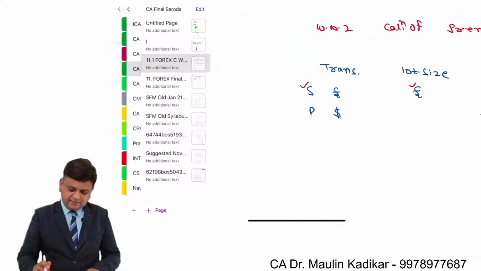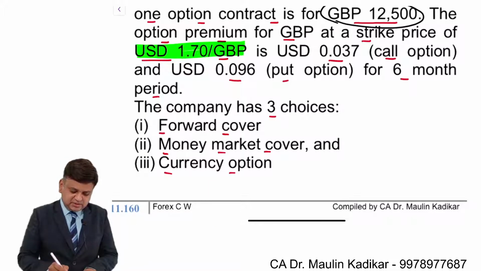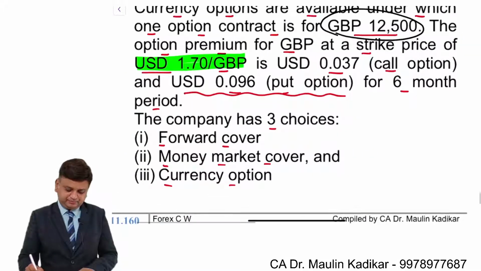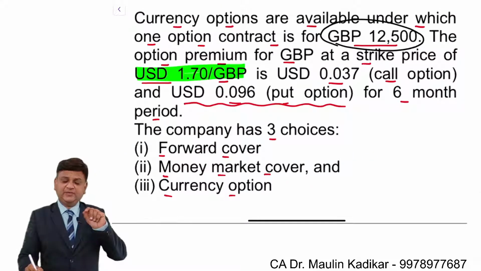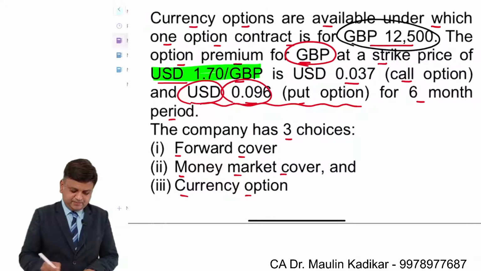So friends, over here you are purchasing right to sell, means this put premium information is relevant. It is $0.096 and language of the question is very clear. The option premium for pound is this amount of dollar.